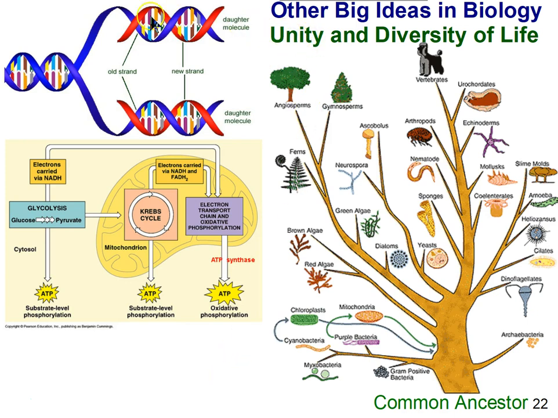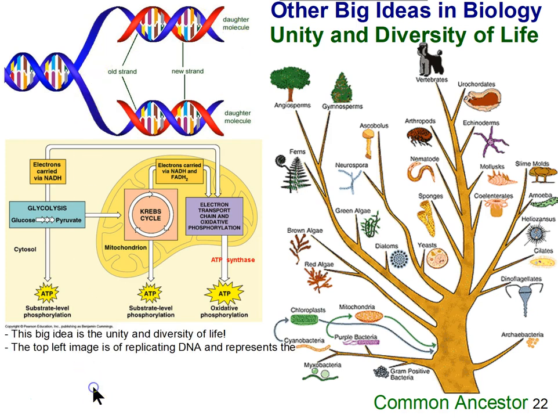Another unifying idea is something that you're already familiar with, that all living things have DNA. Likewise, something that you're probably not as familiar with is this process known as aerobic cellular respiration, which we're going to be learning about a lot.